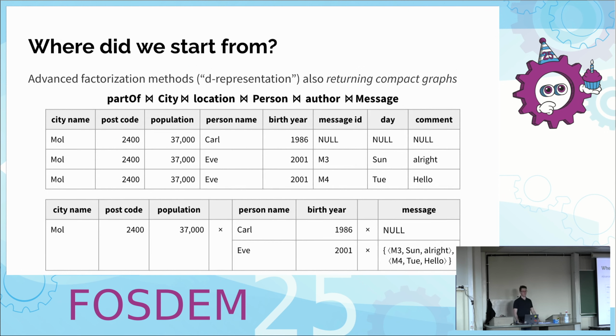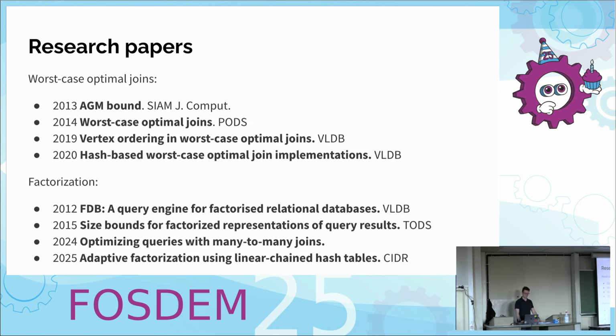And another thing that is quite interesting is that advanced ways of this factorization, called d-representations, could also work for returning compact graphs. So if you remember for the first category of systems where we tried to return a graph, but it was kind of difficult, factorization can also help with that. So this is, I think, a really promising direction that may be overarching across different graph database systems.